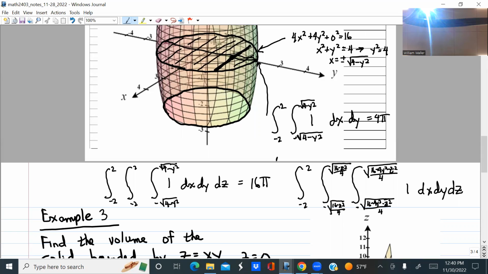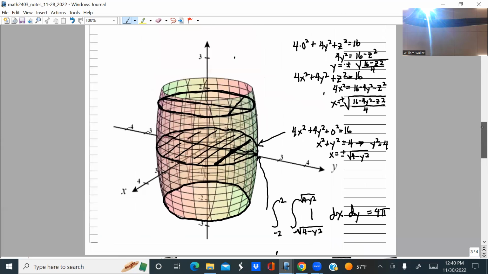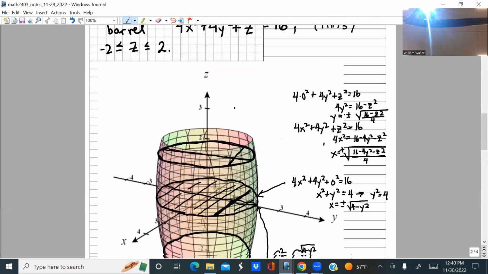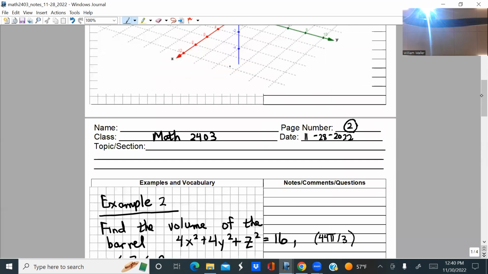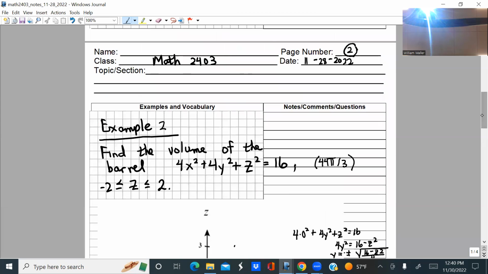If you integrate that, you end up with... that's not easy to do by hand, obviously. I think it ultimately turns out to be 44 pi over 3.